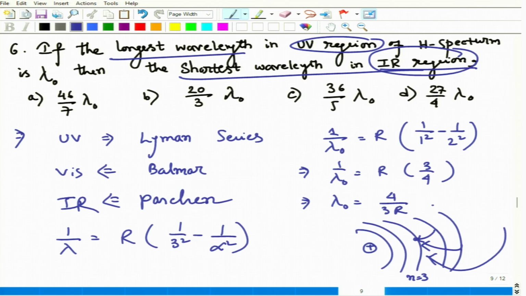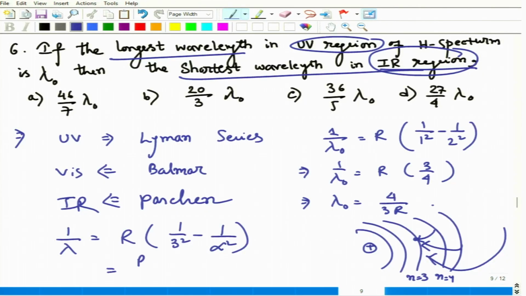You may also ask, after that Paschen, Pfund or Brackett, these series also lie in the IR region, but that wavelength will be greater, that energy gap will be shorter. Because, let us say, coming from infinity to 4 or infinity to 3, obviously the energy gap for infinity to 3 will be larger compared to any other case. So this should be the shortest wavelength.